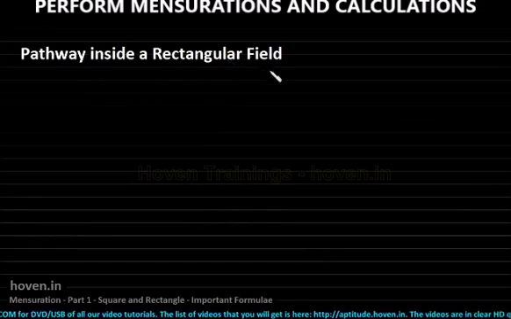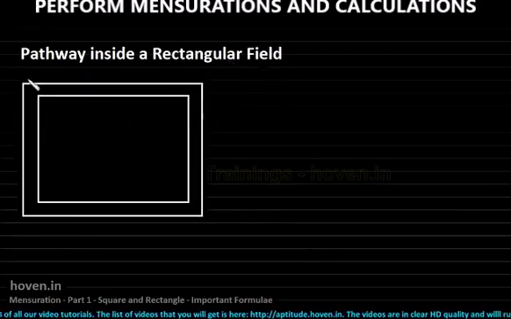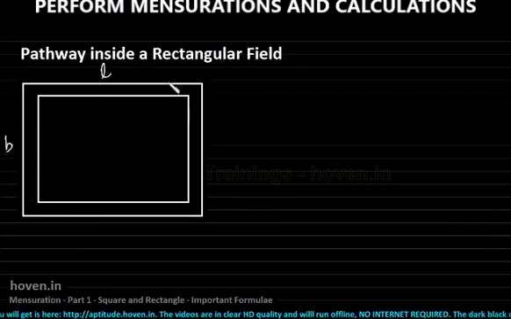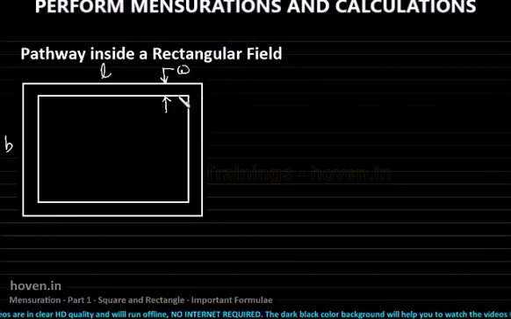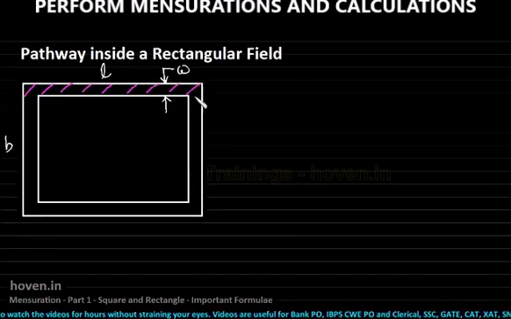Pathway inside a rectangular field. In this case, the length of the outer field is L and the breadth of the outer field is B, and this is a pathway that has a width of W. It has been constructed on the interior of the rectangular field L and B. What we have to do is find out the area of this pathway, that is, the area of the shaded portion.